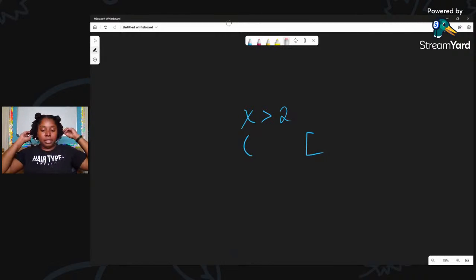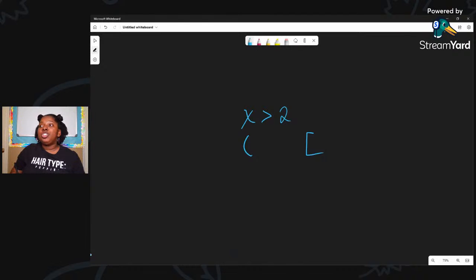You would just have to think of, is 2 included? Can 2 be greater than 2? Good. It would be parentheses because 2 can't be greater than 2. It's not included, so it'll be parentheses and an open circle.